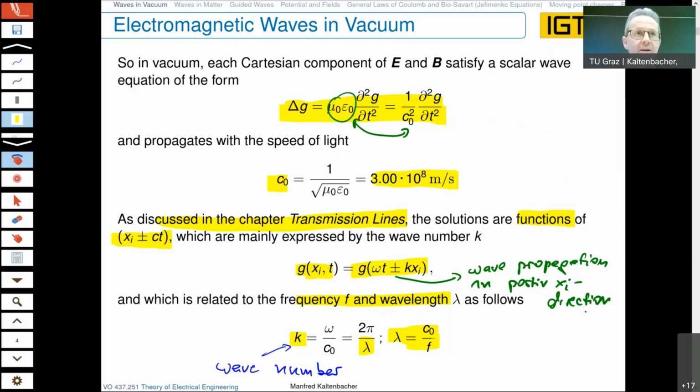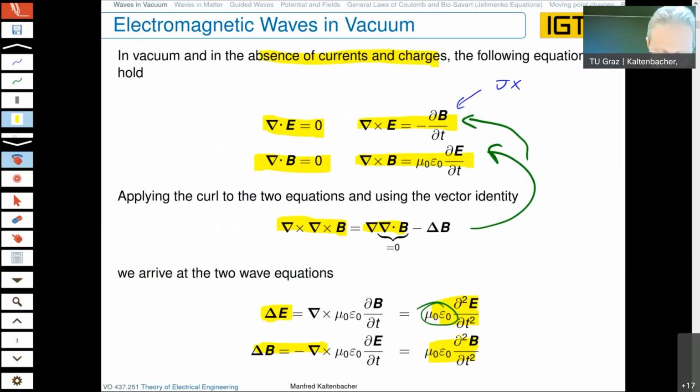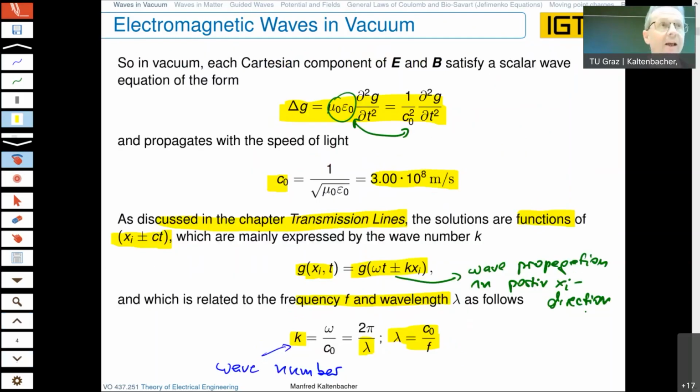And that is exactly the same also in acoustics, where we have just longitudinal waves. And you already know that electromagnetic waves are transversal waves. Okay, so we have our general equations for the electric field and for the magnetic field, and we have the relations between frequency and wavelengths and our wave number, and even have the general solution for each component there.